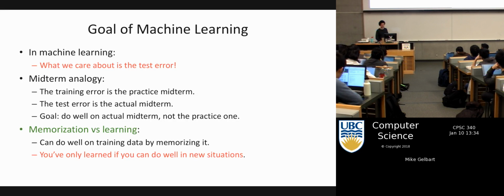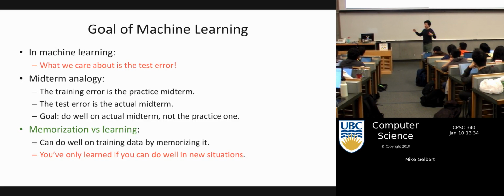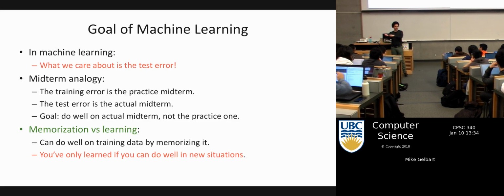It may be the case that you can do extremely well on the practice midterm by just memorizing everything on it, and then your training error, meaning you can go back and repeat the practice midterm and get 100% because you just wrote down all the answers and put them on your arm or whatever people do these days. But it's not going to help you on the actual midterm.